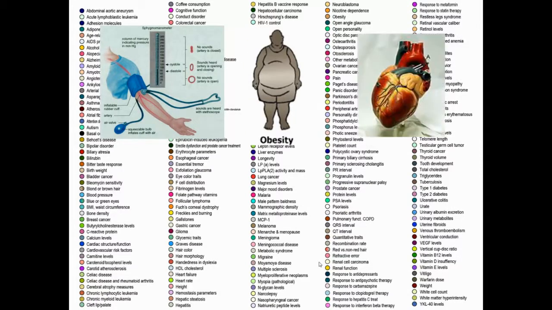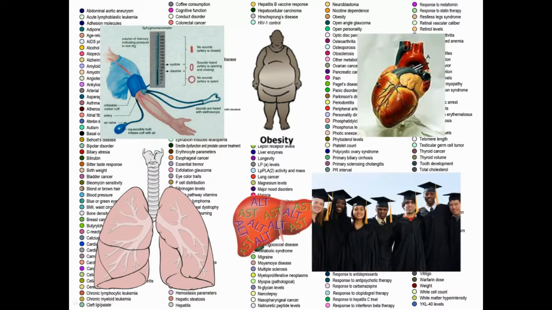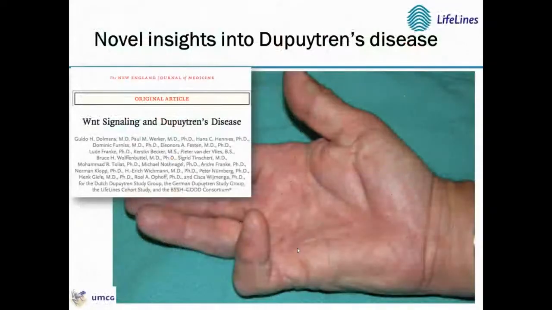A large GWAS study on blood pressure, for example, obesity, but also other anthropometric traits, like electrocardiogram traits, lung function traits, liver enzymes, but even a GWAS of educational attainment, which at first sight seems strange that there is a genetic component to that, but there certainly was. We were successful in showing that.